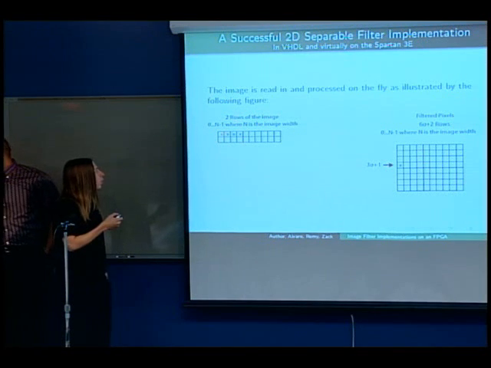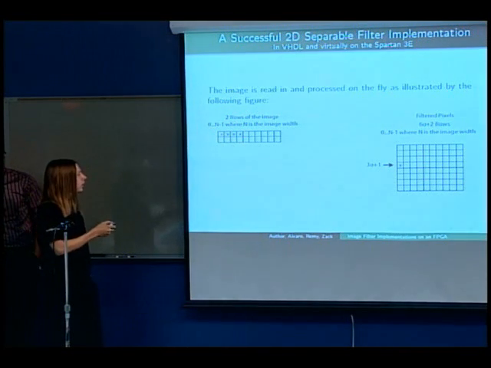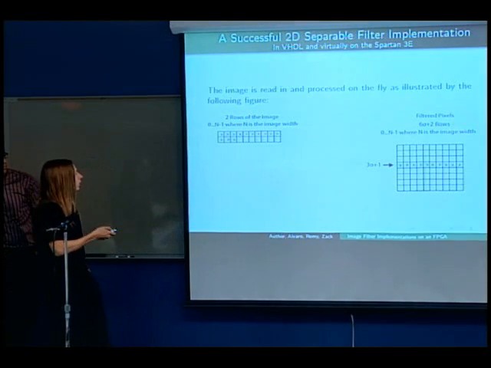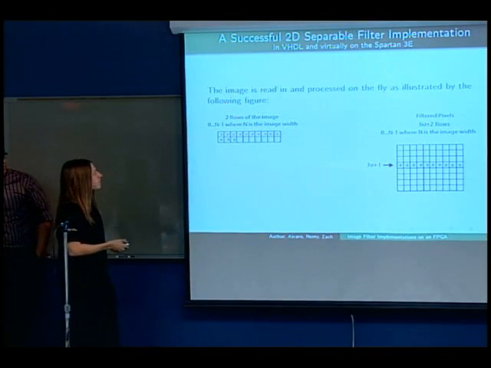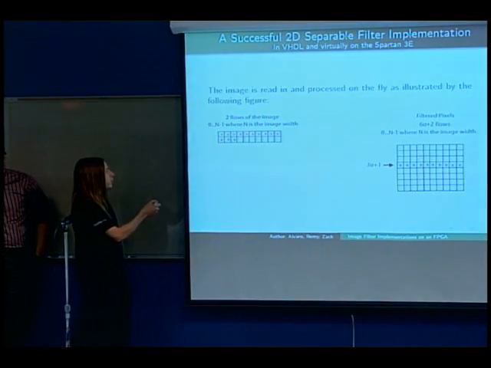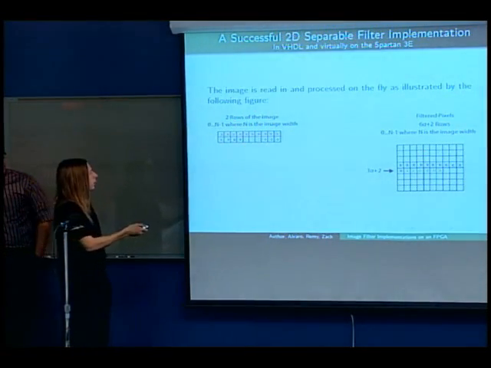So once this pixel is filtered, it's sent over there to that one. And once this row is done being processed, that row becomes full, and this row is partially being open, and then it drops to the next row.